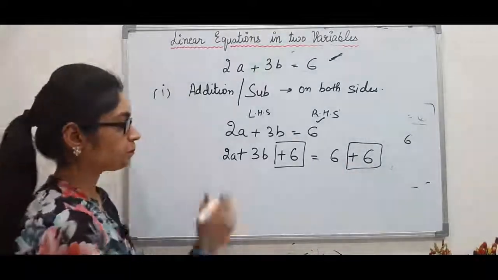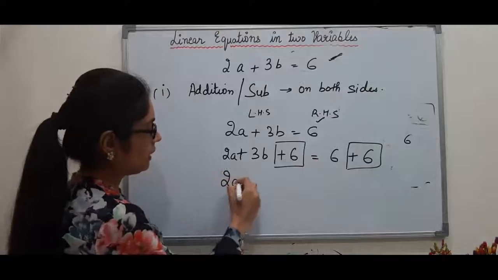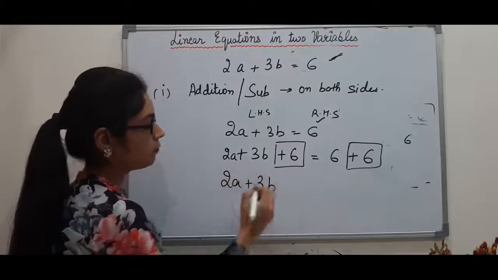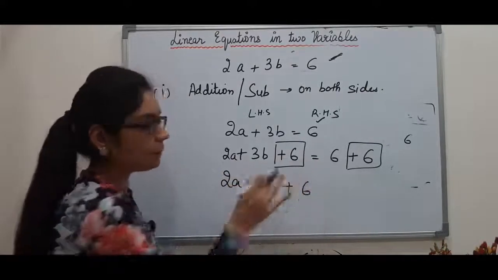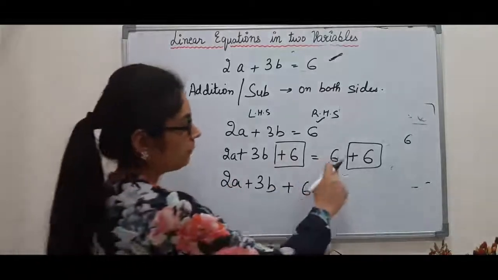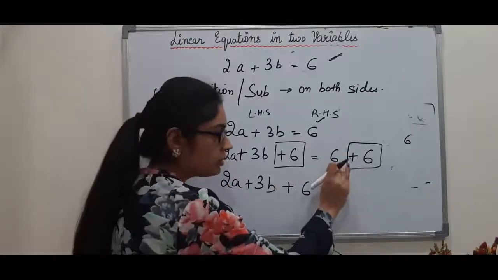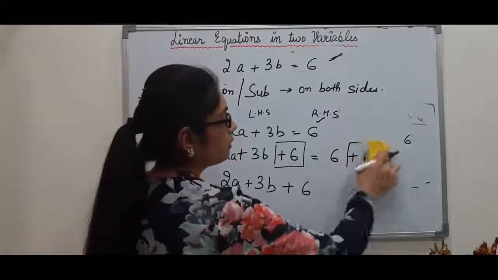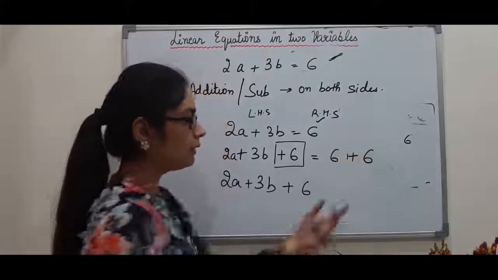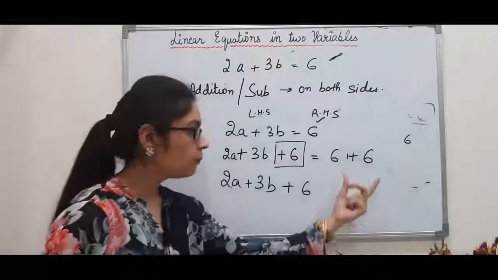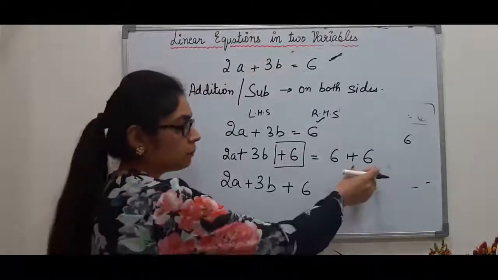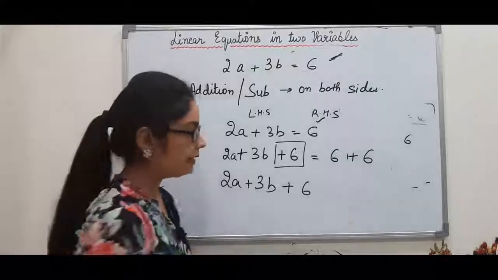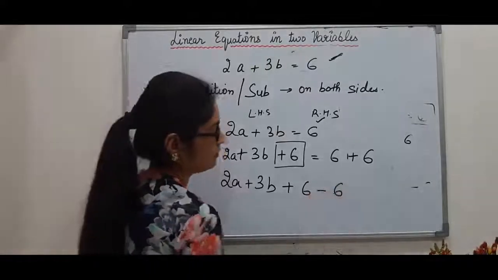Let us see. 2a plus 3b plus 6, this 6 I am writing as it is. Then I have 6 plus 6, both the 6 are in plus. So let's shift this 6 to this side. If we change the side, plus 6 will be changed to minus 6.